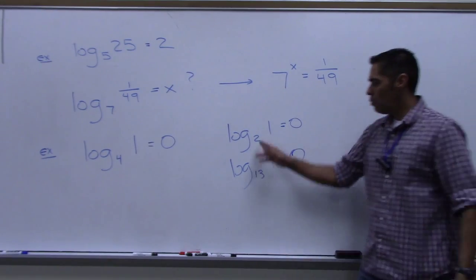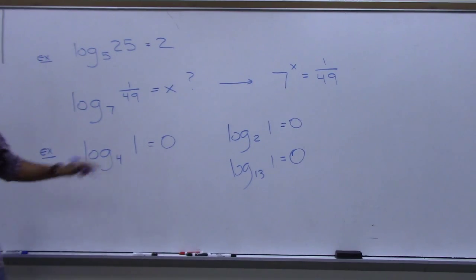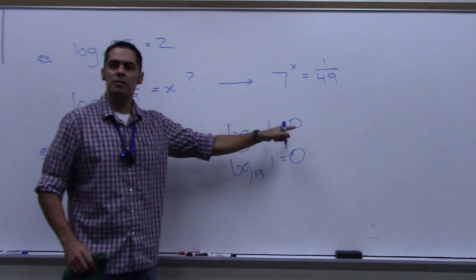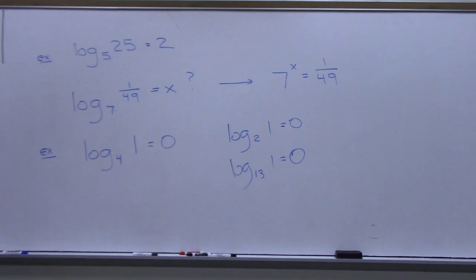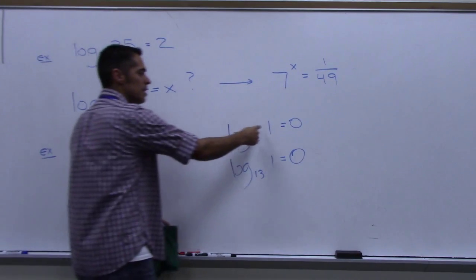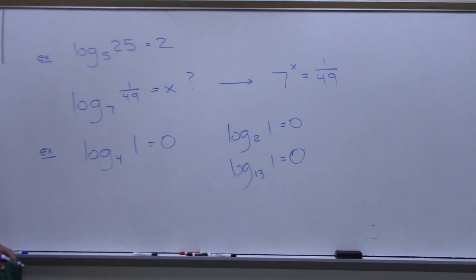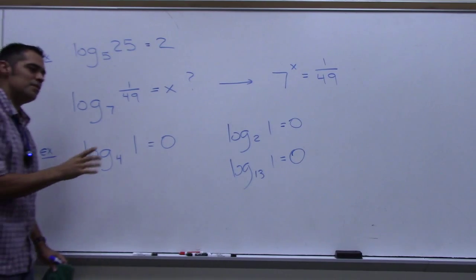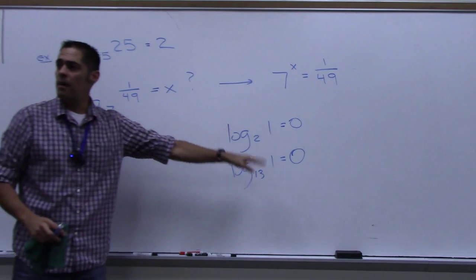Would you agree that no matter what base I use, if I put a 1 here, I'm going to get 0 every single time? Because the only way you can get 1 out is if you raise the number to 0, right? Except for 0, right? So I'm glad you brought that up, because there are some issues we had when it came to raising things to powers.